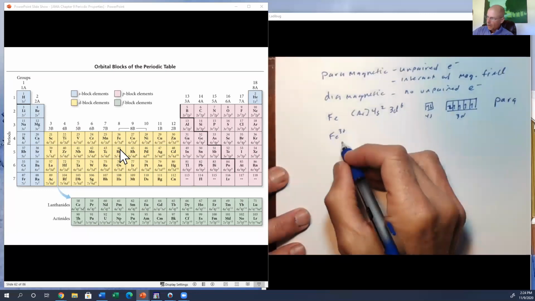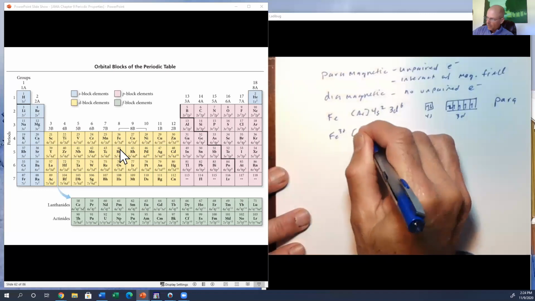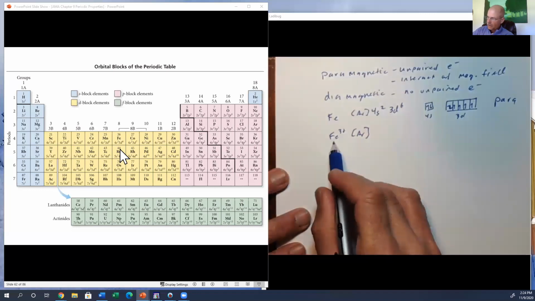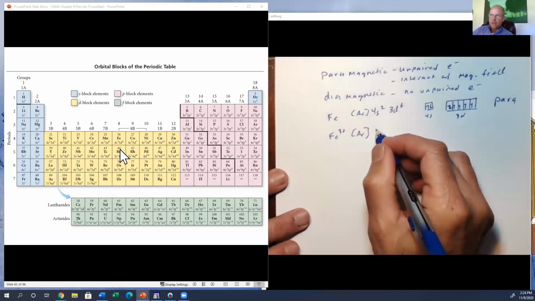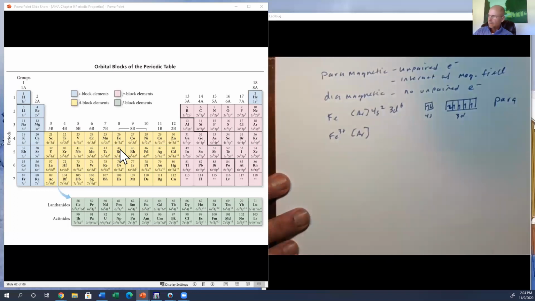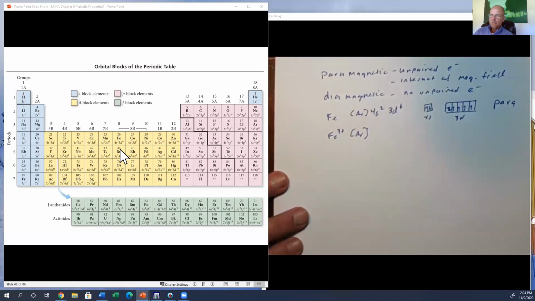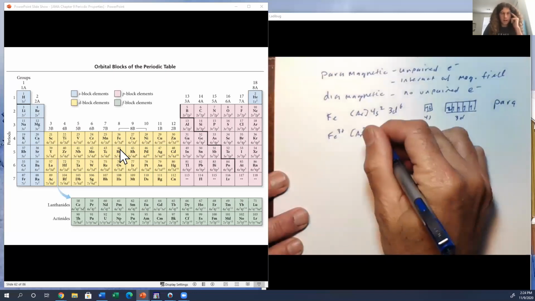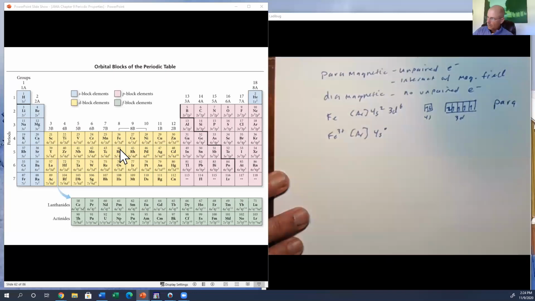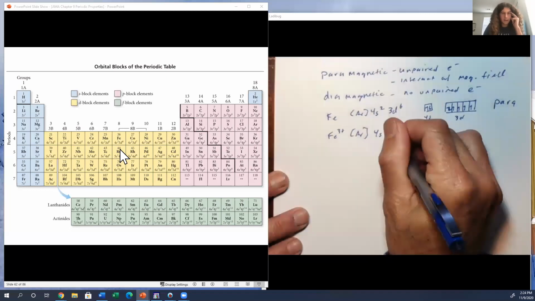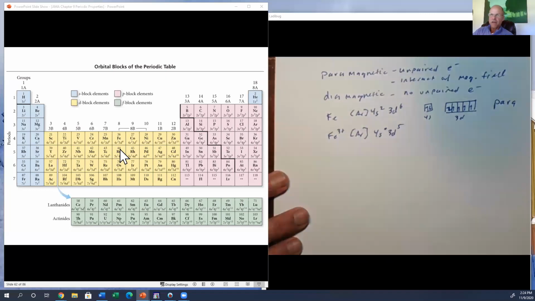All right, Fe3 plus. Now remember, when we form that electron configuration for Fe3 plus, what's it going to be? 4s0 and then 3d5. Exactly right.